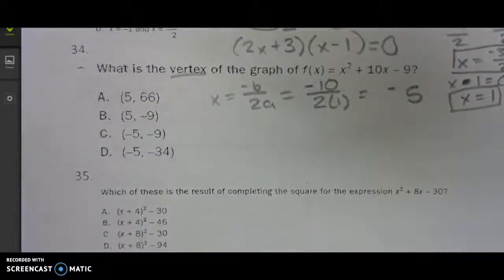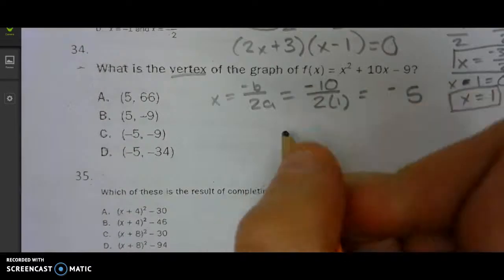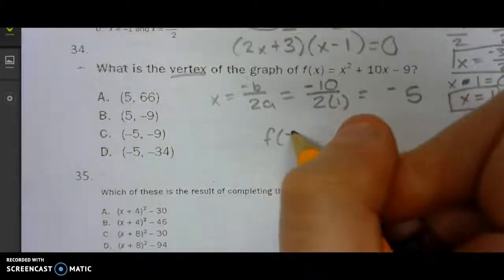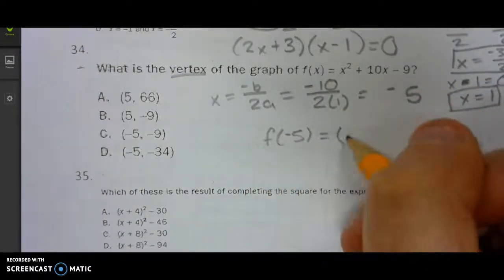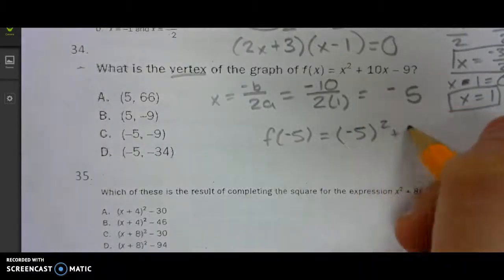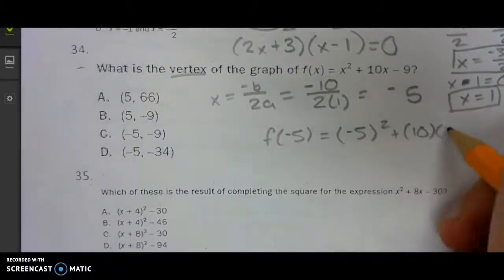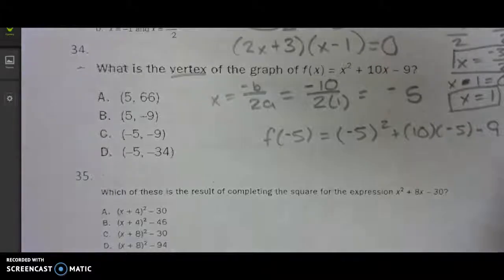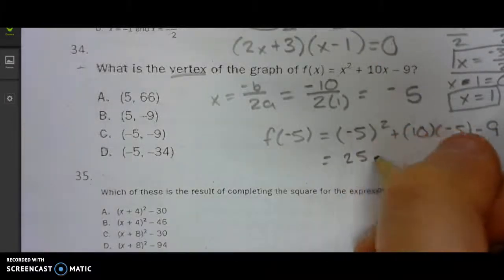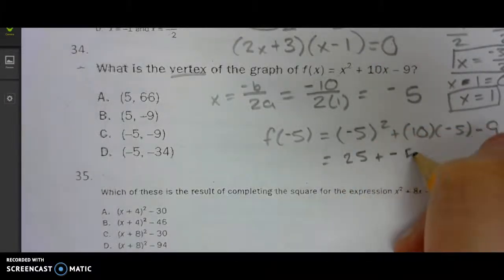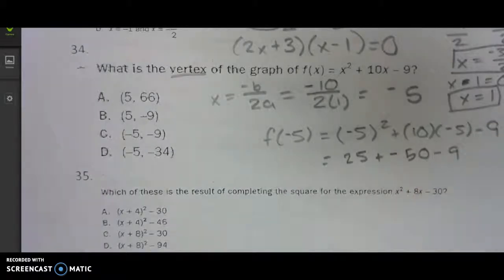Gives me negative 5. Now I just have to plug it in to get this. So I'm going to do f of negative 5 equals negative 5 squared plus 10 times negative 5 minus 9. And all I'm doing is multiplying.